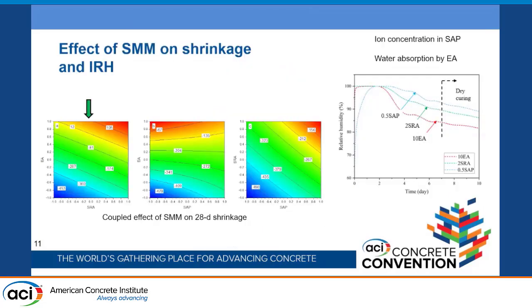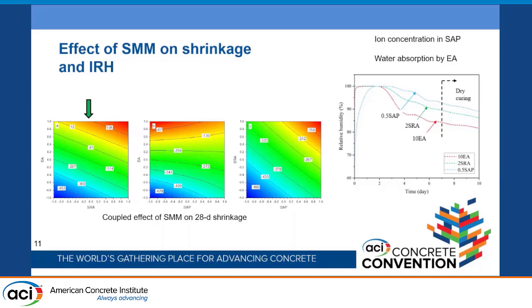The counter graph shows that, again, expansive agent and SRA was the best. However, the other systems didn't experience a significant amount of shrinkage. Relative humidity was measured by sensors in the concrete, which picked up the relative humidity right after casting and up to 10 days.